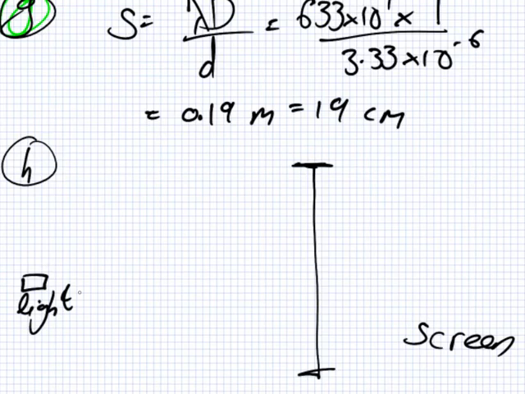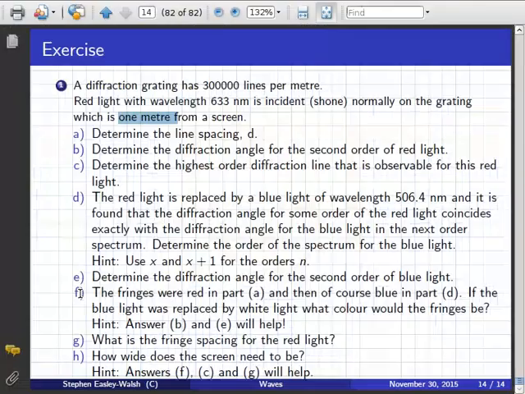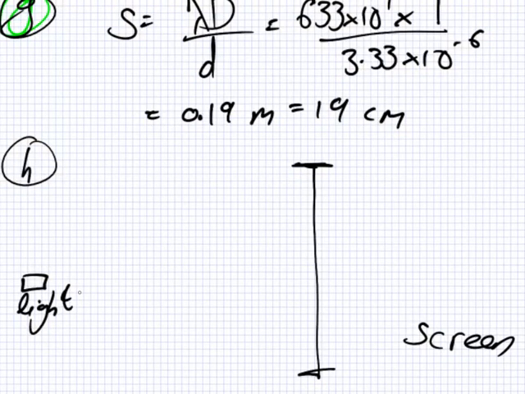No, I'm asking you part C. What is the highest order for red? Yeah, 5. So the red at n equals 5, that's the furthest out it can be.